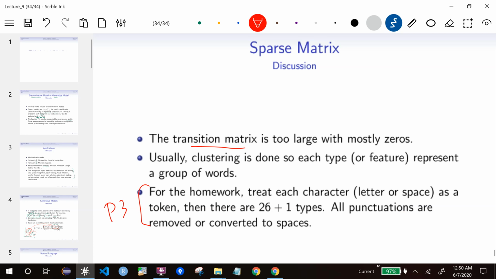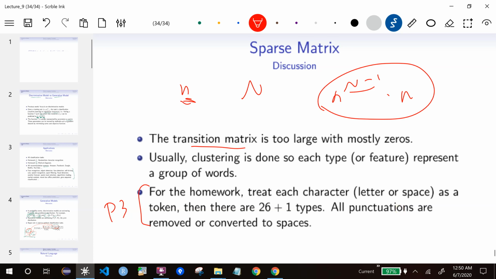Because if you have a vocabulary size of n, and you are trying, say, an n-gram model, then we have n to the power n minus 1 possible permutations for what happened in the previous n minus 1 steps. And then we have, say, n possibilities for the current one. So the matrix size will be this. This is huge, especially when n is large.